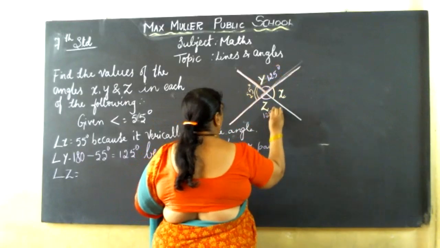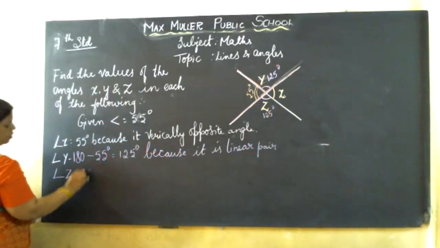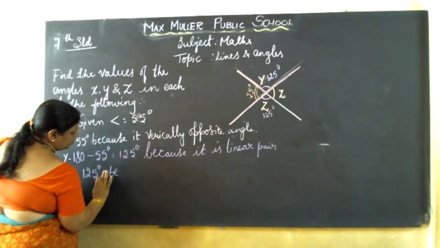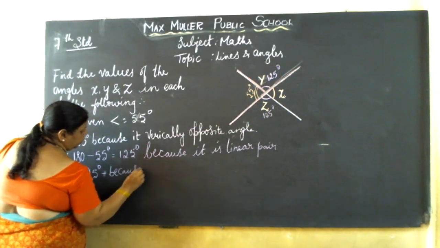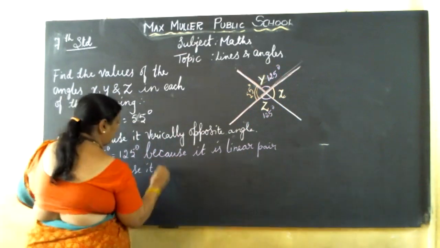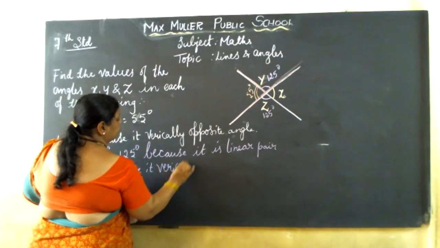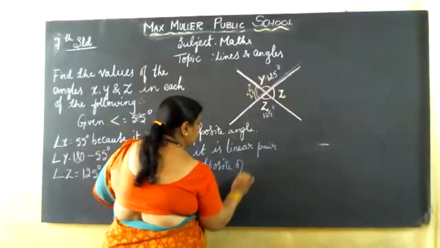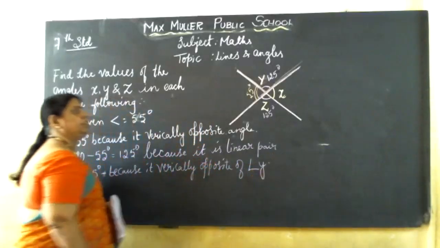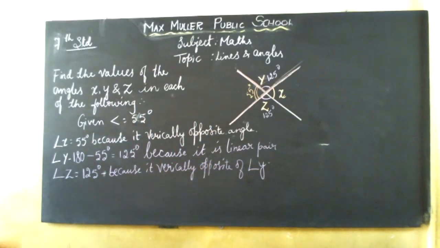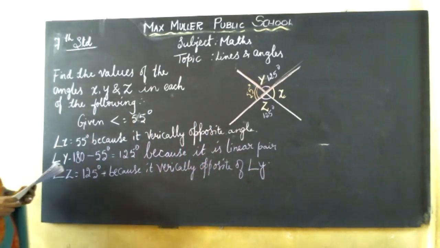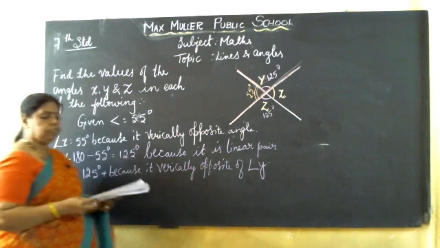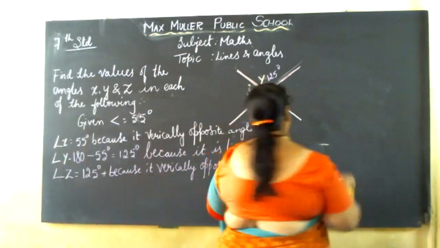This also will be 125 degree, because it is vertically opposite of angle Y. Understood? Understood, children? Next.